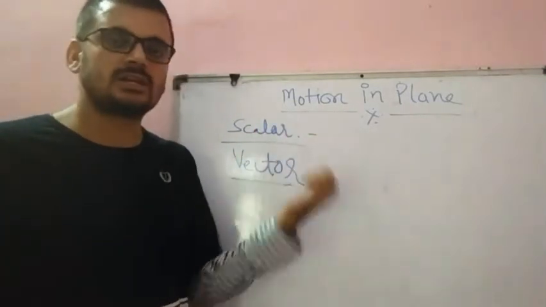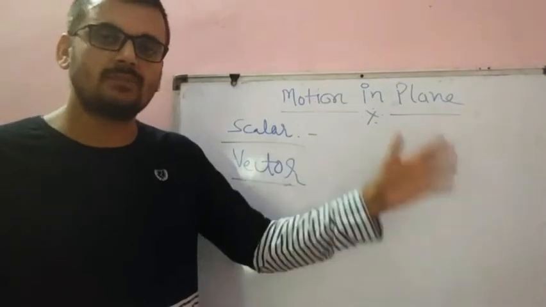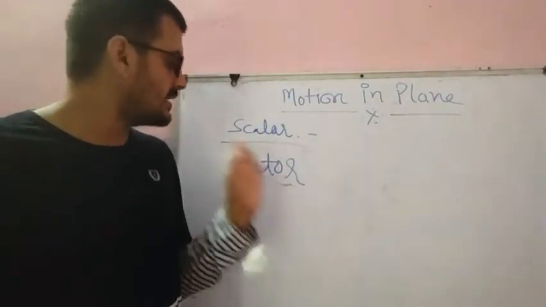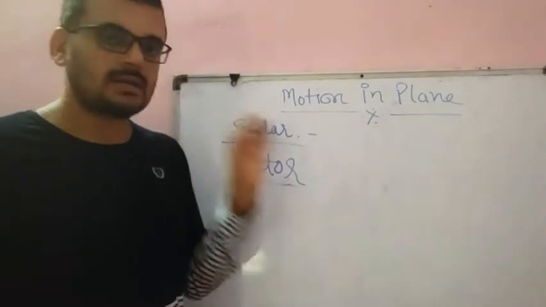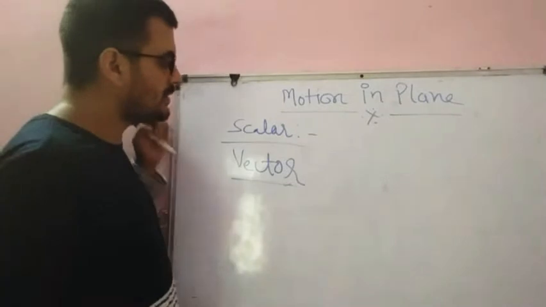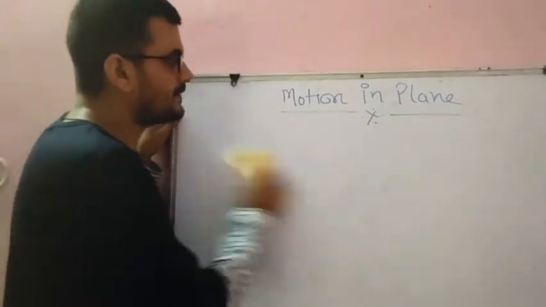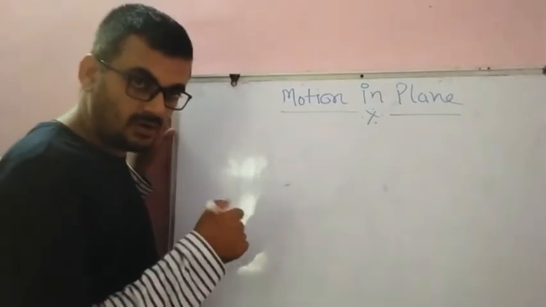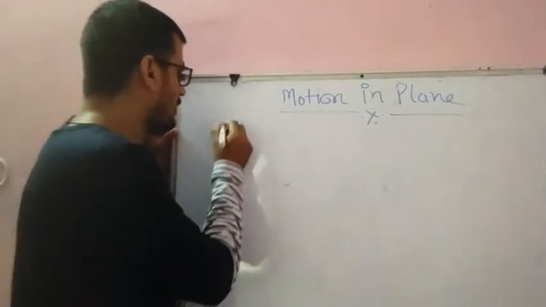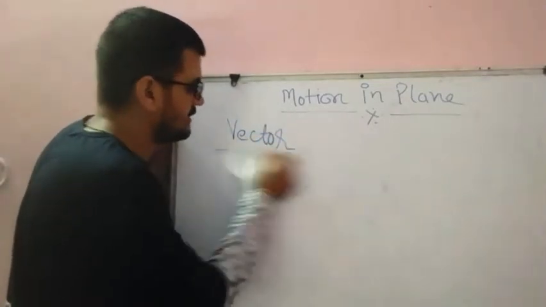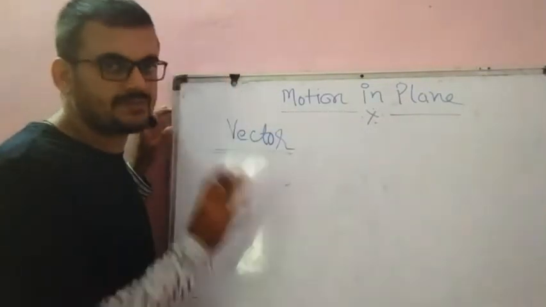In this, velocity, displacement, acceleration, linear momentum, angular momentum, torque, all come under vector quantity. Student, I have already told you that in this chapter we focus on vector quantities, or the topic vector only, throughout the whole chapter.